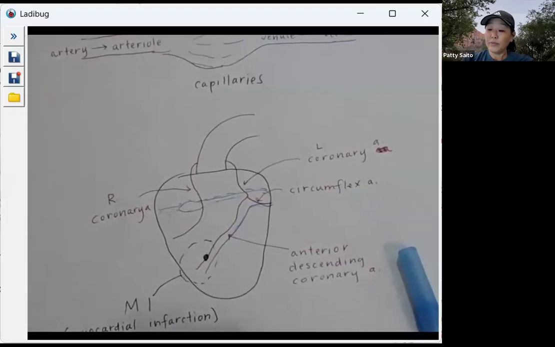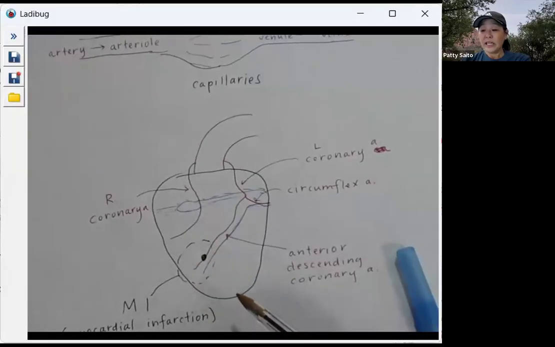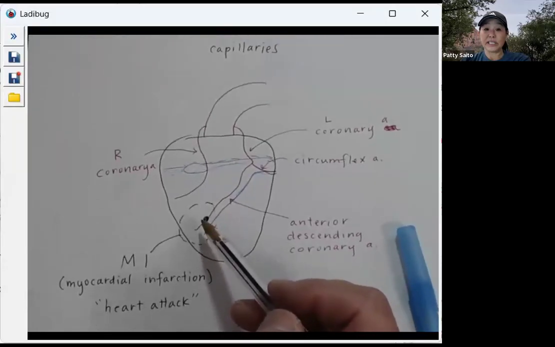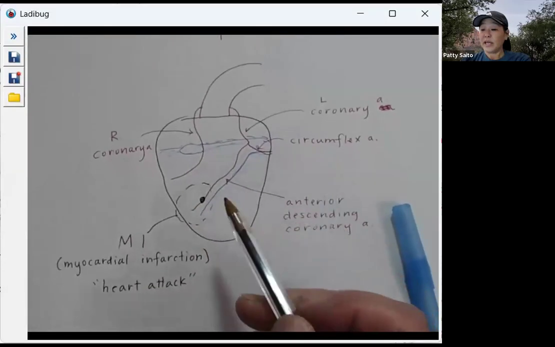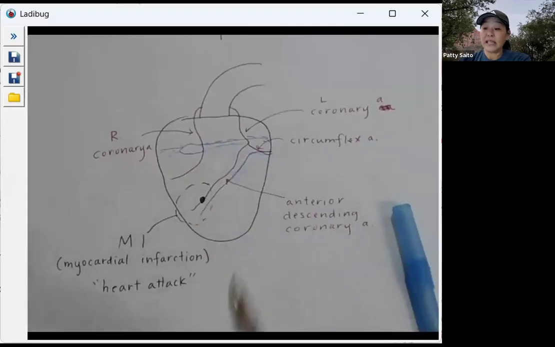So what can you do? You have to resupply blood to that area. You either clear the clot or the blockage. So if it's a clot, you can dissolve the clot. You can open that vessel. If it's not a clot, and let's say it's a plaque buildup from atherosclerosis, you can clear that off.